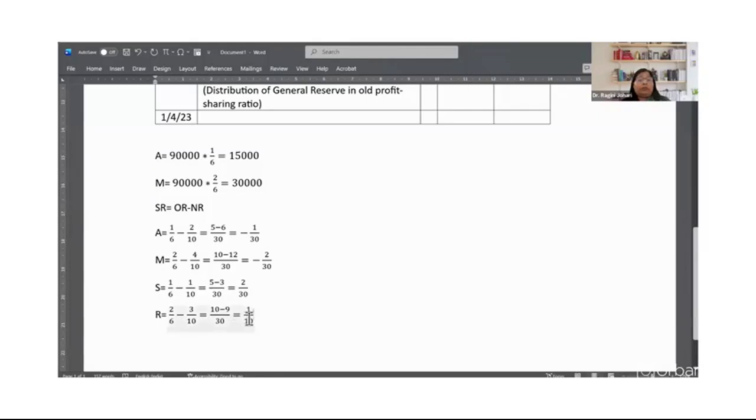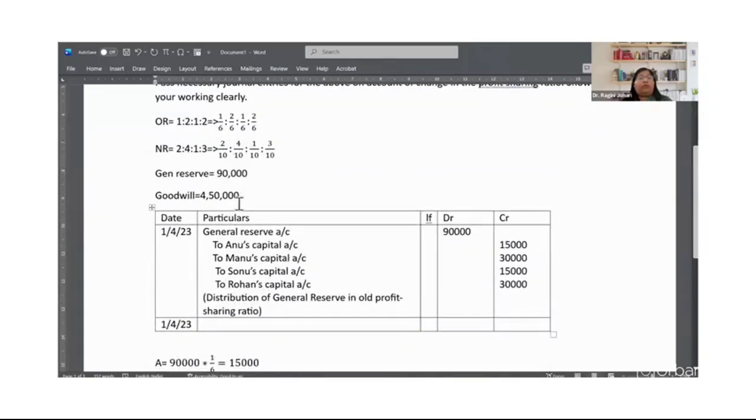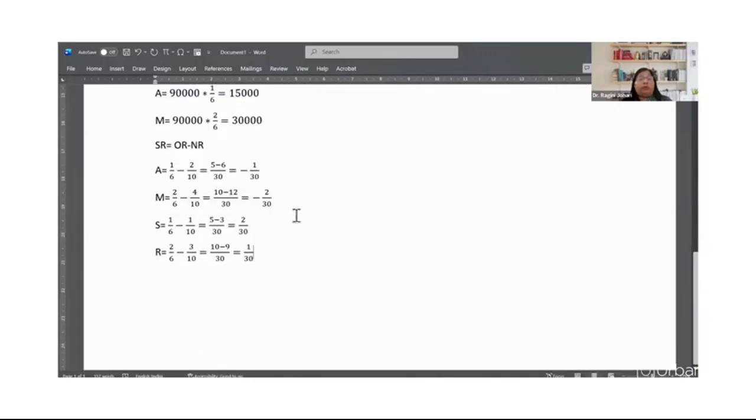Now let us find out the value. Now the total goodwill value is 4,50,000. Okay, so we have only two fractions, 1 upon 30 and 2 upon 30. So let us find out the values here.